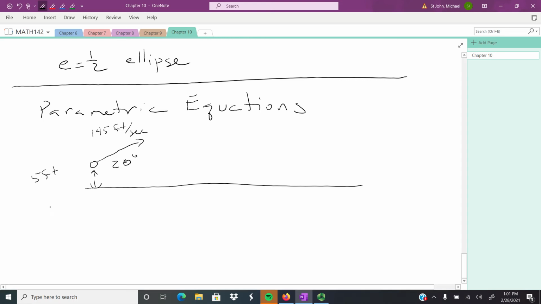Well, the velocity in the x direction is going to be given by v naught cosine theta. The velocity in the y direction initially, vy naught, is going to be v naught sine theta.